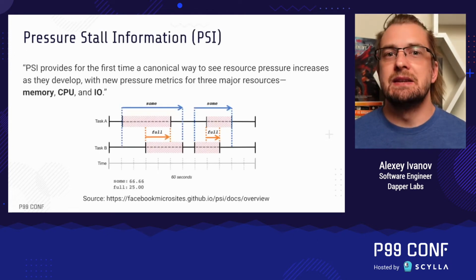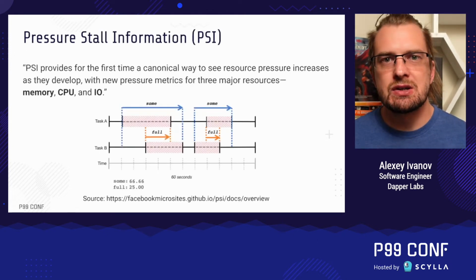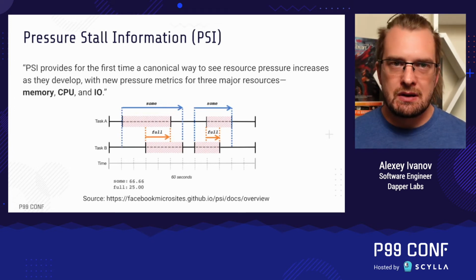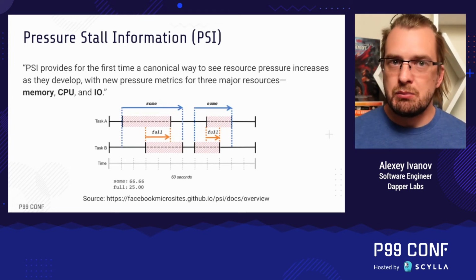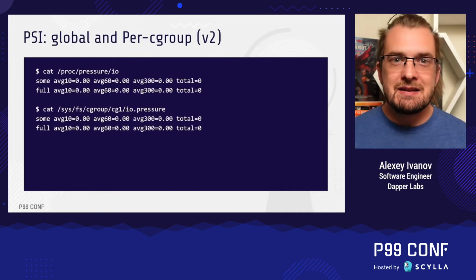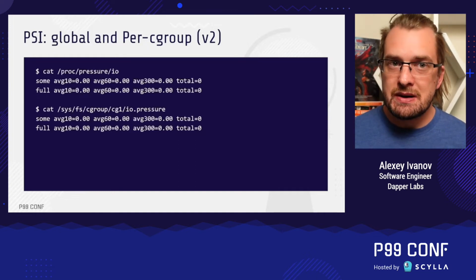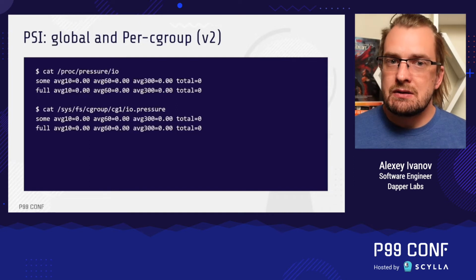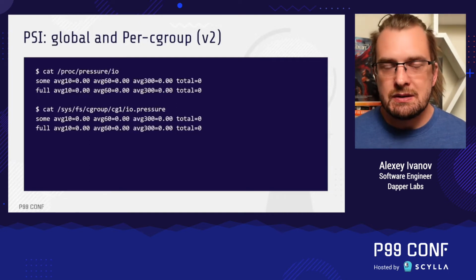Last but not the least is PSI. So pressure stall information allows you to get the bottlenecks of your specific application, whether it's blocked on memory allocations, on CPU, or on I/O. An additional beauty of it is that it is available on a per-cgroup basis, which means you can ask whether your container would benefit from more IOPS, or maybe your container would benefit from more CPU.